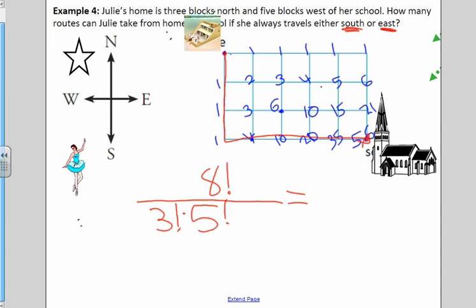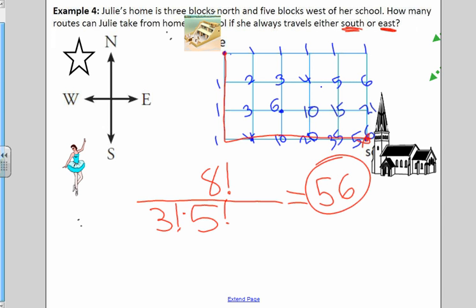What do you get if you plug that in? You do get 56, right? So this is another way of doing a question like this.